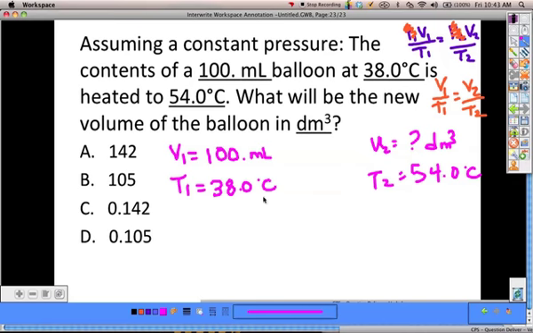What conversions do I need to make, Samantha? Yeah. Yep, so both of these need to be moved to Kelvin. So what do I add to each of them? 273, good.